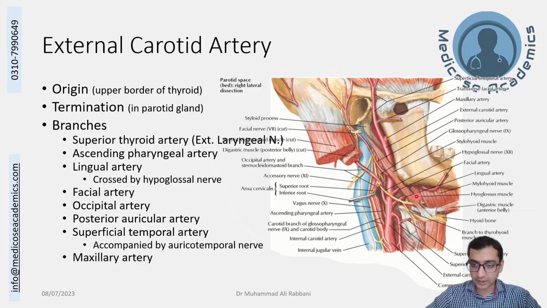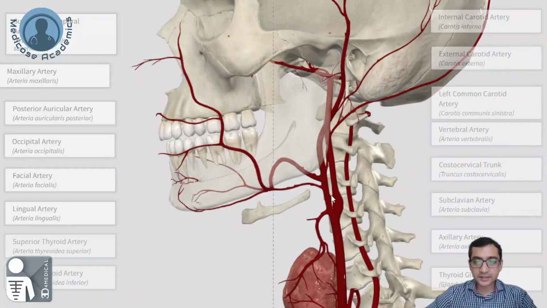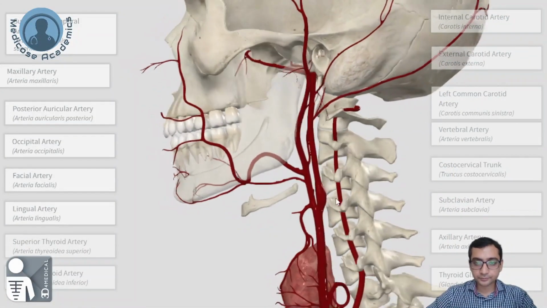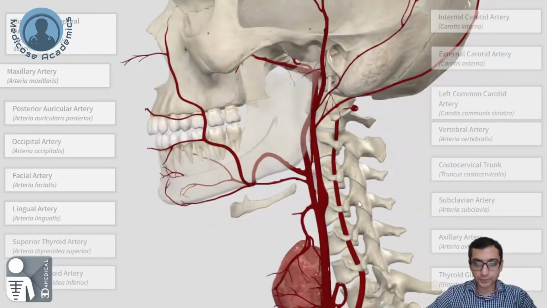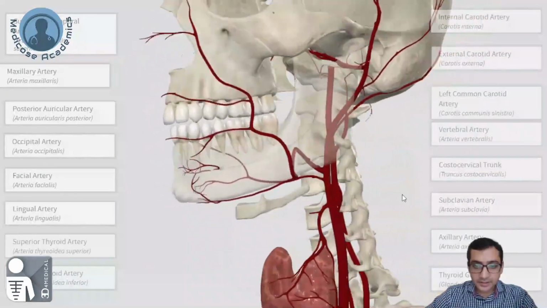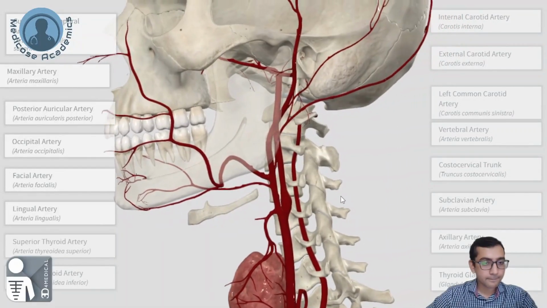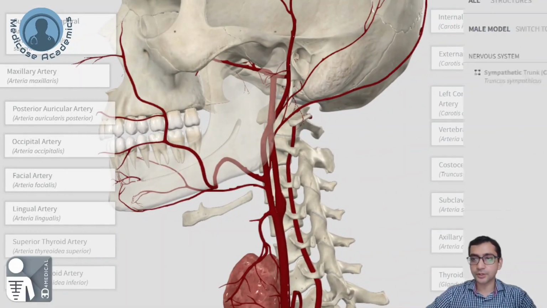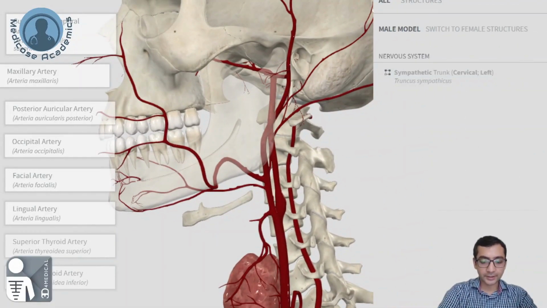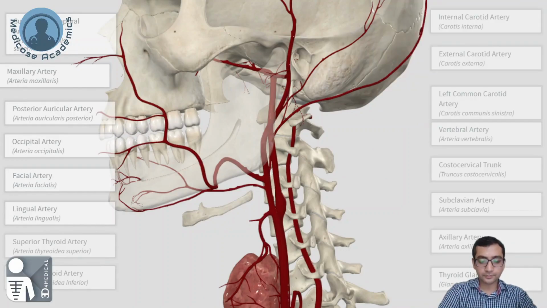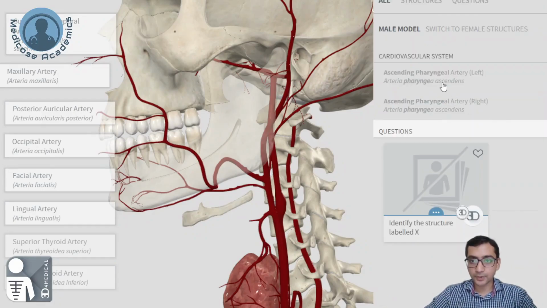And then we are left with one artery that is known as the ascending pharyngeal artery. The ascending pharyngeal artery is a little difficult to see in those pictures. Let me see. I think it is not shown here also. Let me try to get it here. Then I will show in the atlas also.